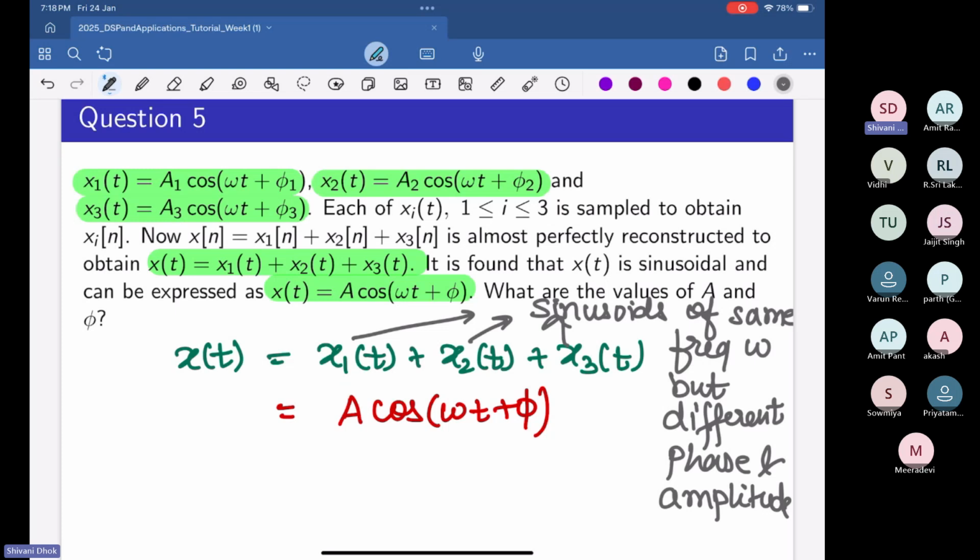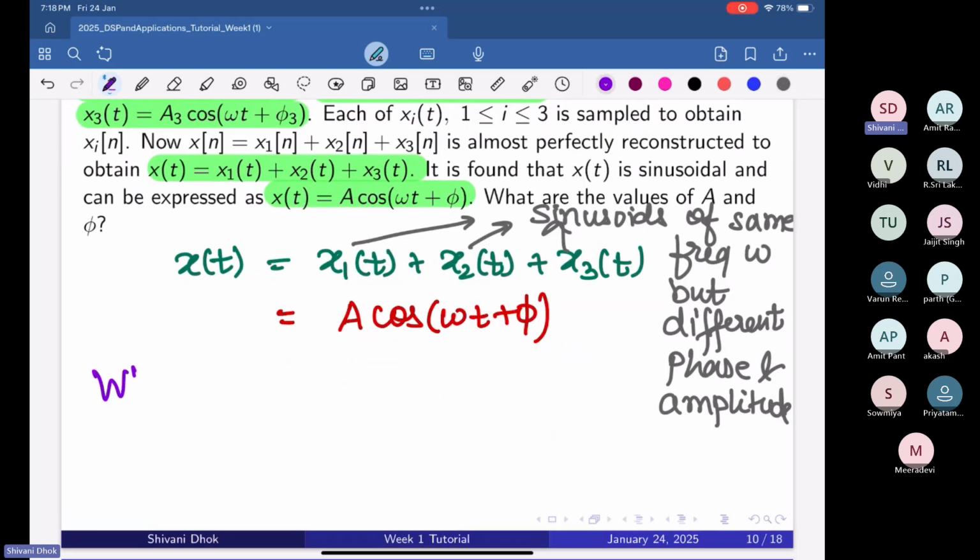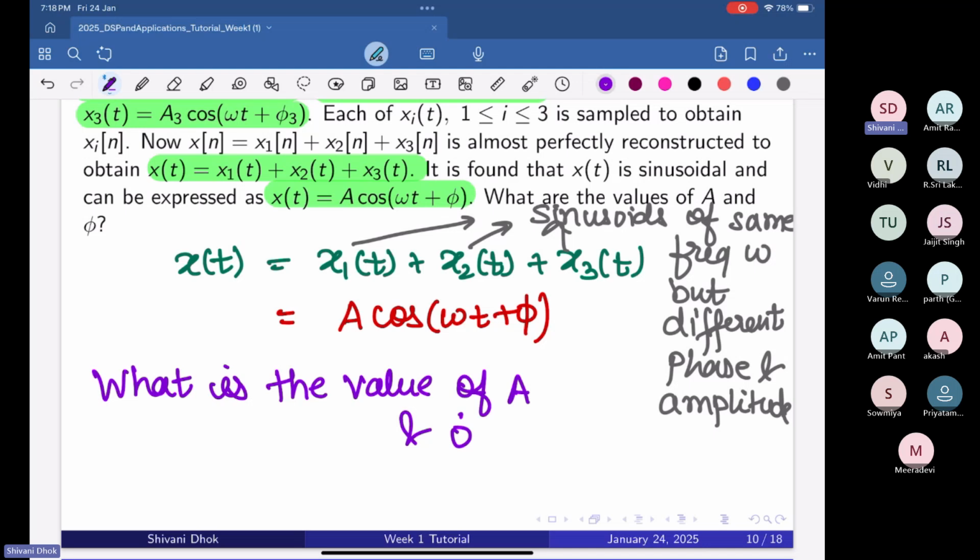And what is asked of us is, what is the value of a and phi?